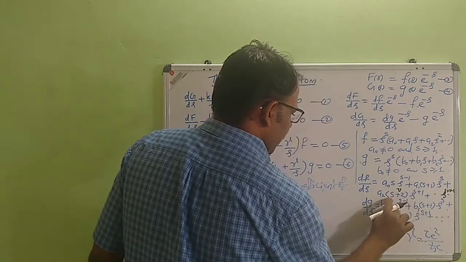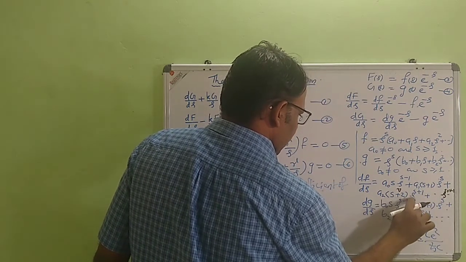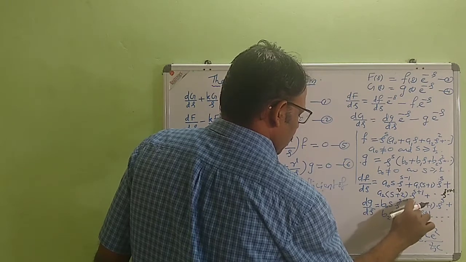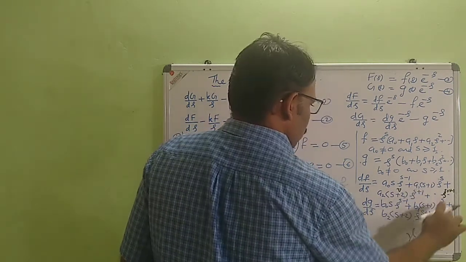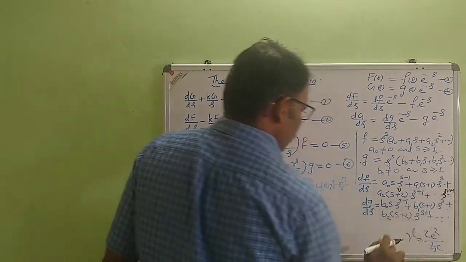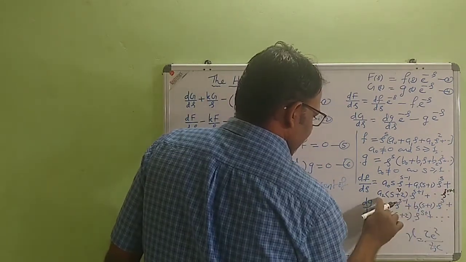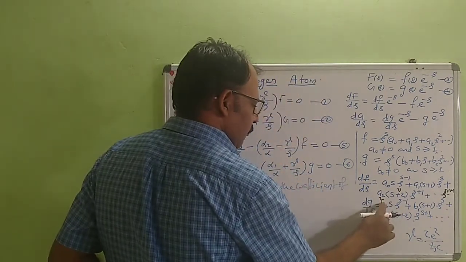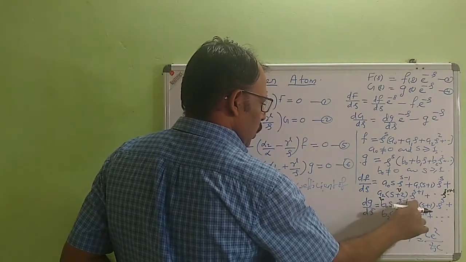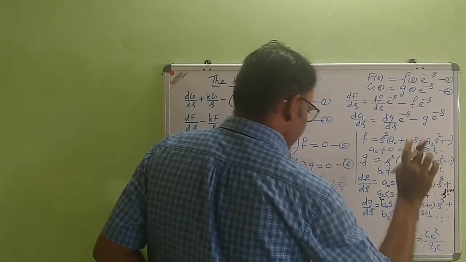Like that, if I take S plus v, the term will be rho raised to S plus v minus 1. So the coefficient of rho raised to S plus v minus 1 will be av. This 2 we can write as v, so it will be av S plus v rho raised to S plus v minus 1.